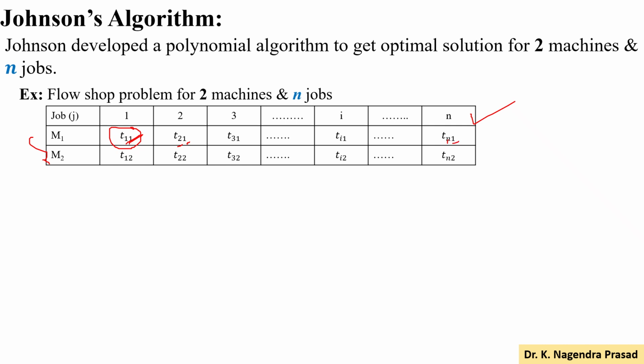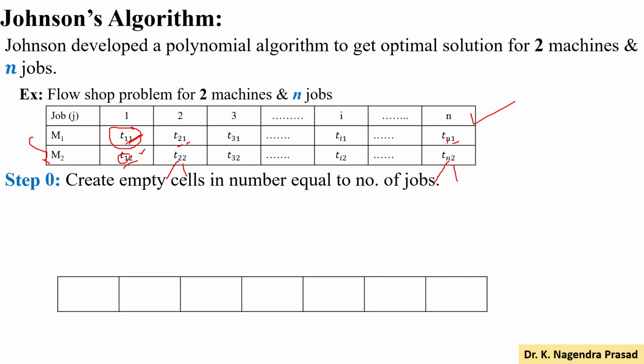Similarly, T12 represents the processing time of the first job on the second machine. T22 is the processing time for the second job on the second machine. Similarly, Tn2 is the processing time for the n-th job on the second machine. So let's see the algorithm.